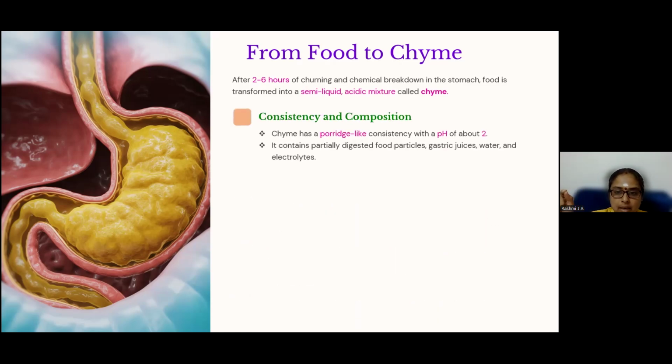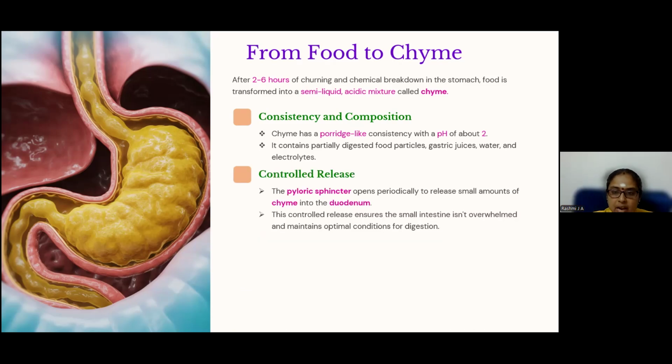Then consistency and composition. Chyme has a porridge-like consistency with a pH of 2 because there is acid. Acid is working on the food, so the pH becomes 2. It contains partially digested food particles, gastric juices, water and electrolytes.